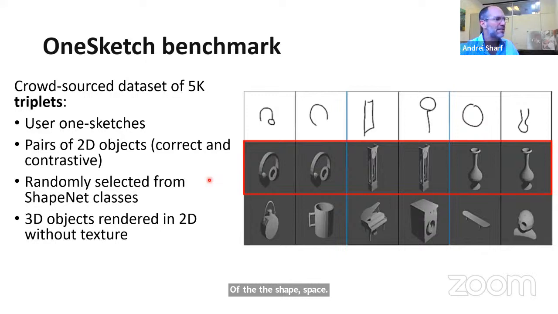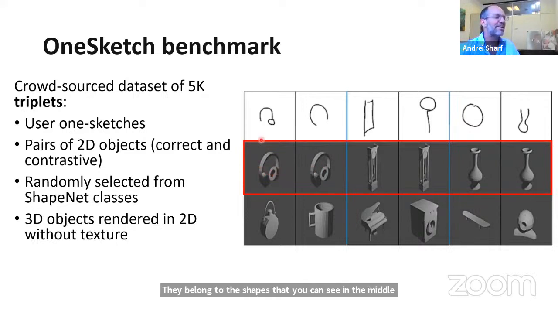How did we perform this? So the idea was to create a benchmark of sketches. As you can see here, you have a lot of sketches. The top row is the sketches that were made by humans, and they belong to the shapes that you can see in the middle row, the red row.